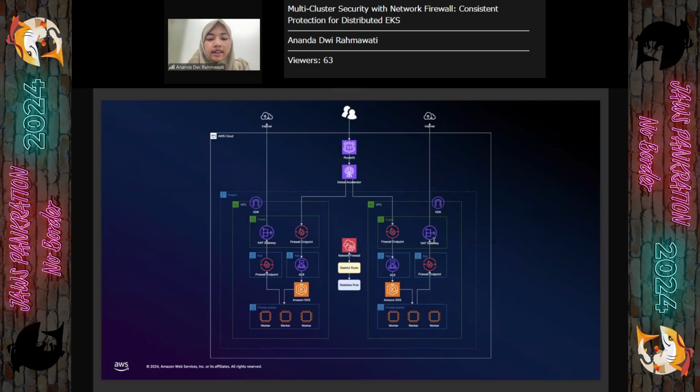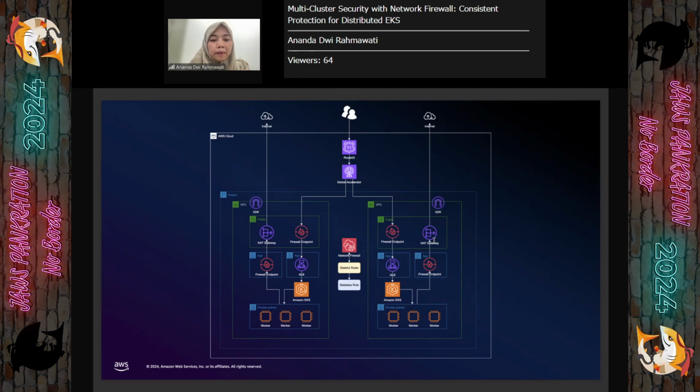Here is the diagram that we will talk about in these sessions. It consists of two Kubernetes clusters built on top of Amazon EKS, and we are deploying Network Firewall to protect incoming and outgoing traffic for ingress and egress.